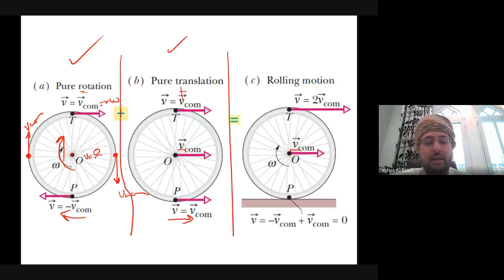Here we're having in this direction with VCOM. Minus and plus of the same number is equal to 0. So we end up with something that is rolling, that appears as if each part of it is moving at a different velocity.